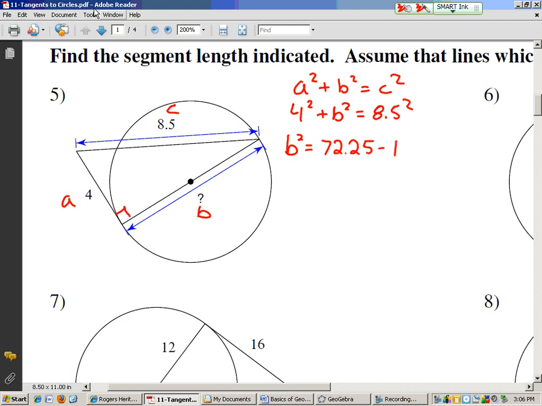72.25 minus 16. So B equals the square root of 56.25?